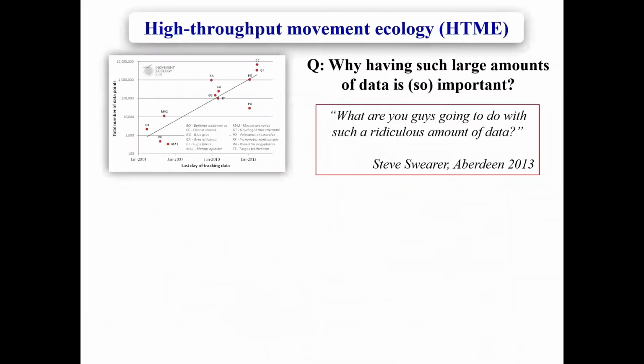Early on, actually, I noticed that ecologists are reluctant to accommodate this revolution. Maybe because ecology has a strong data-poor history, and maybe because we do not have tools ready to analyze big data, and maybe for other reasons of being cost effective. What are you guys going to do with such a ridiculous amount of data?